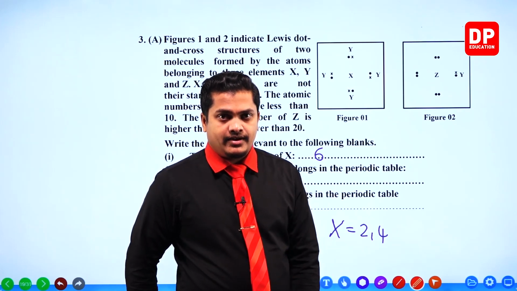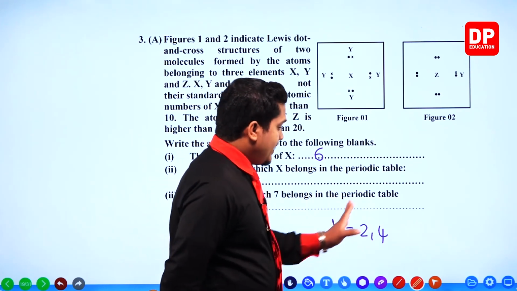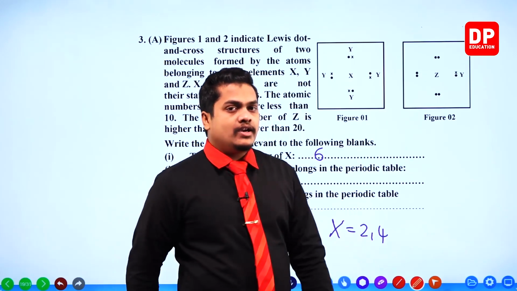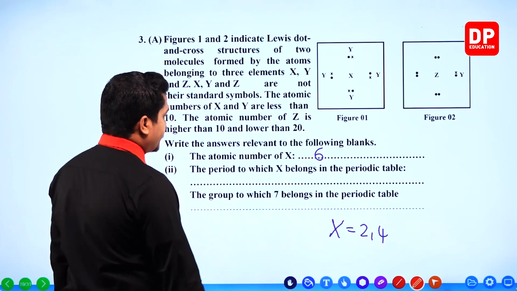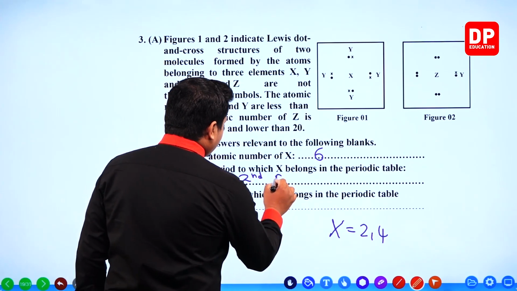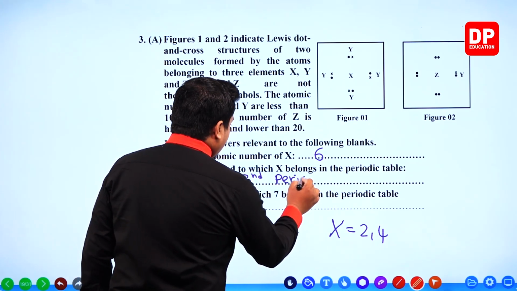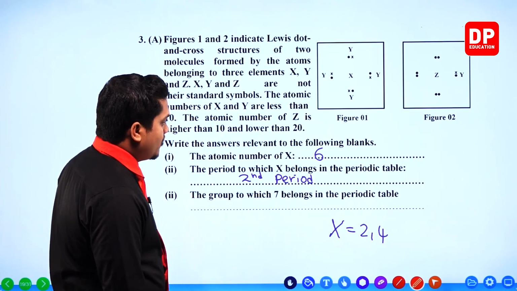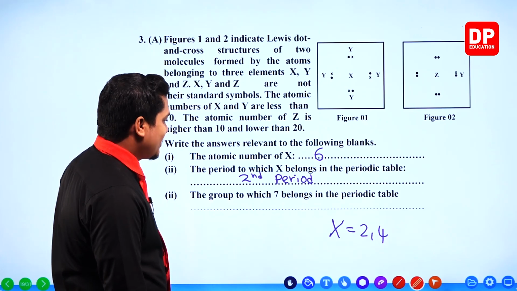That's equal to the period. Group is equal to the electrons in the last energy level. So we have used 1, 2 energy levels. That means, my dear children, second period. The period to which X belongs in the periodic table is the second period.